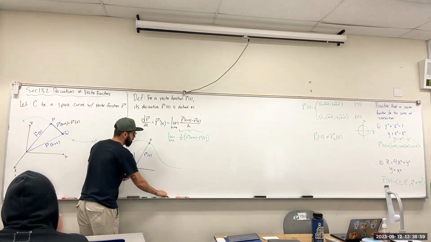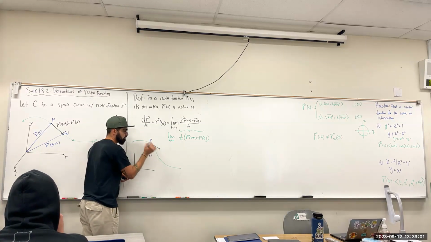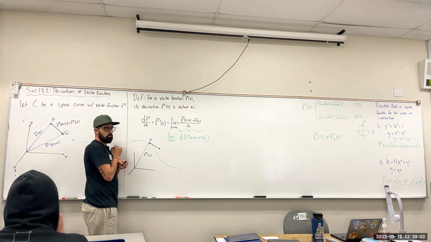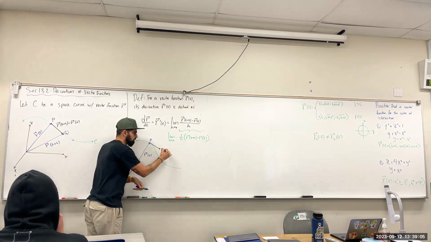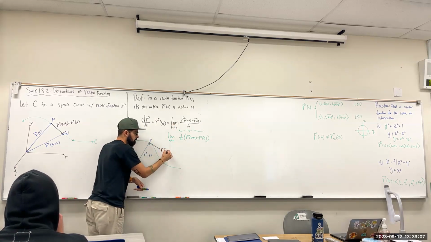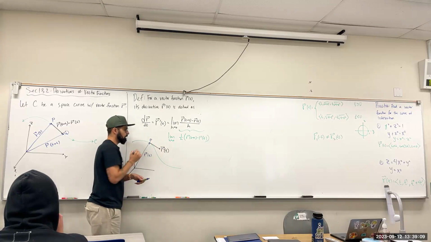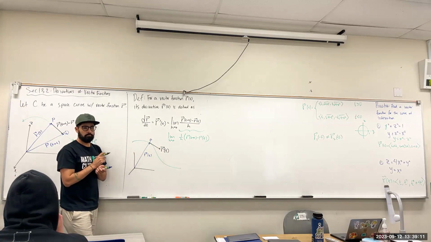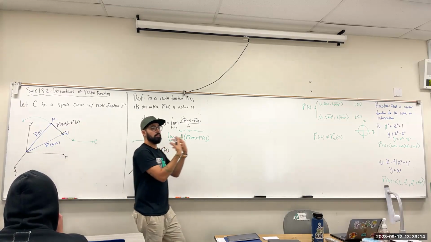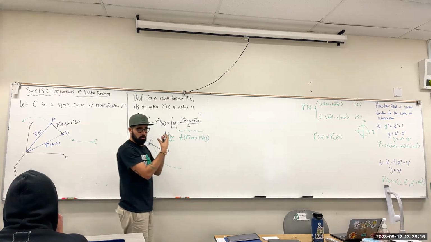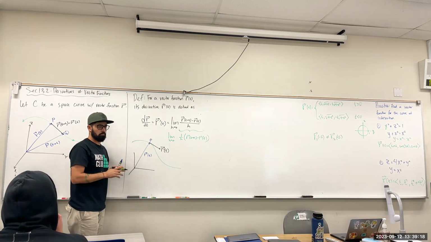And what we end up with is a tangent vector at that point. Assuming this limit exists, that gives me the derivative. So now instead of being the slope of the tangent line, it literally will just be the tangent vector to the curve.